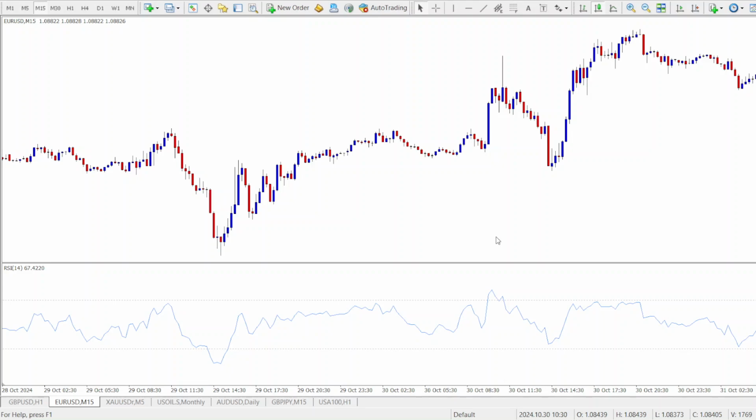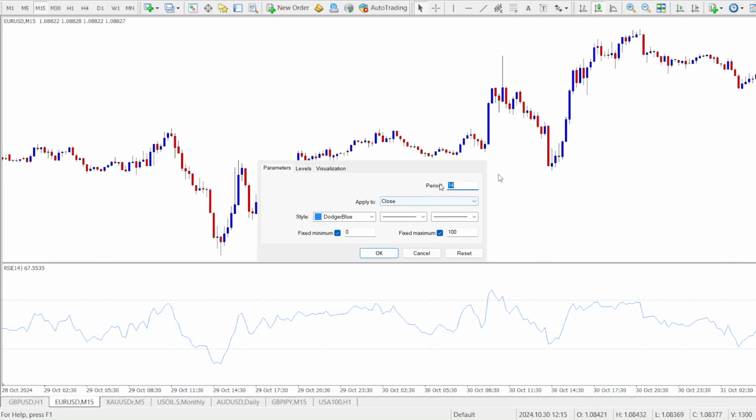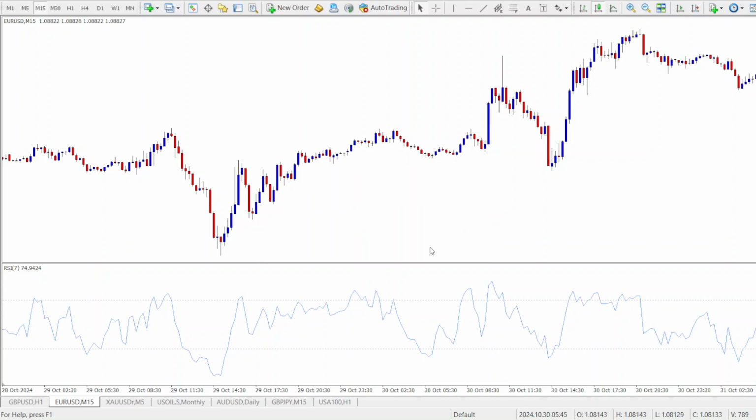Now the second is the short-term setting. You can see how the 14 period looks. Now if we reduce the period to 7 for the short-term setting, we can see that it reacted faster to price changes. If you are looking for faster signals, you might want to try a 7-period RSI. This setting is more sensitive to price changes and can help identify quick reversals.